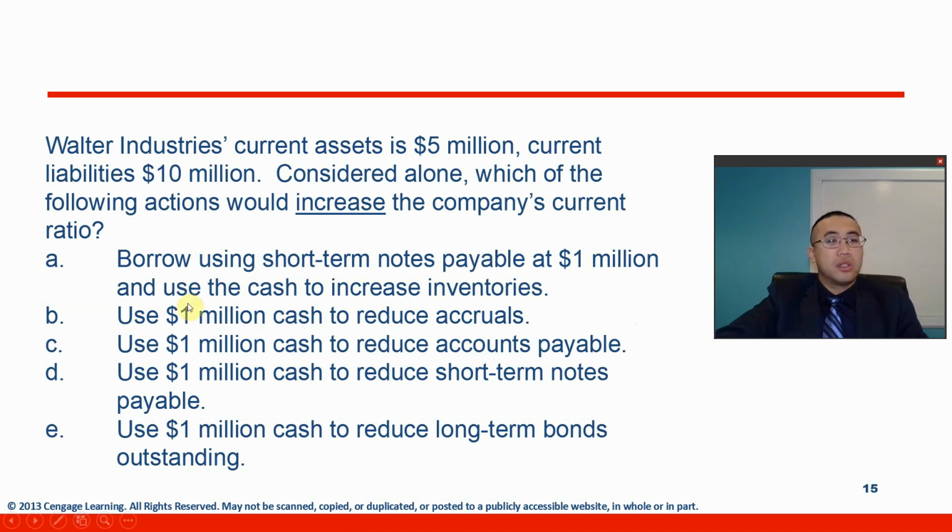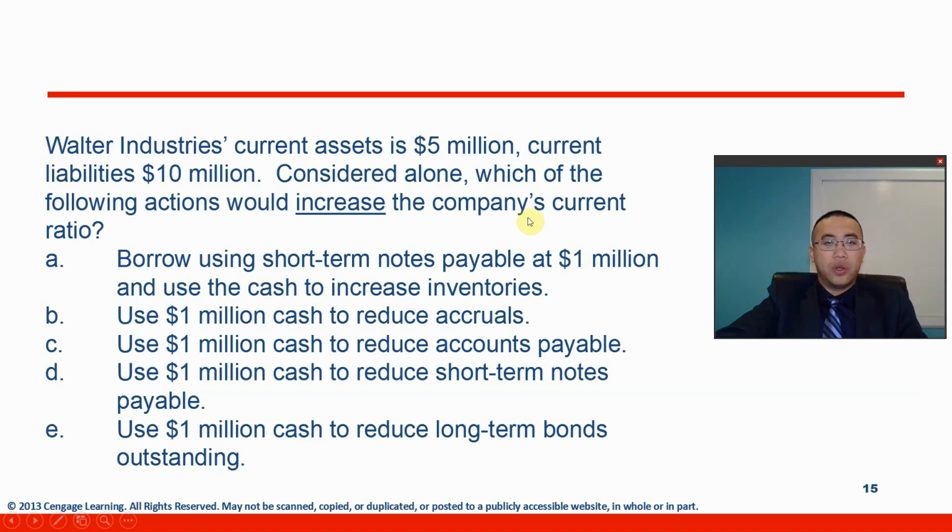So the first action, when the firm uses short-term notes payable to increase inventory, notes payable would increase because the firm has borrowed more money, and also inventory would increase. So both current assets increase by 1 million, that's from inventory, and current liabilities increase by 1 million, from short-term notes payable.